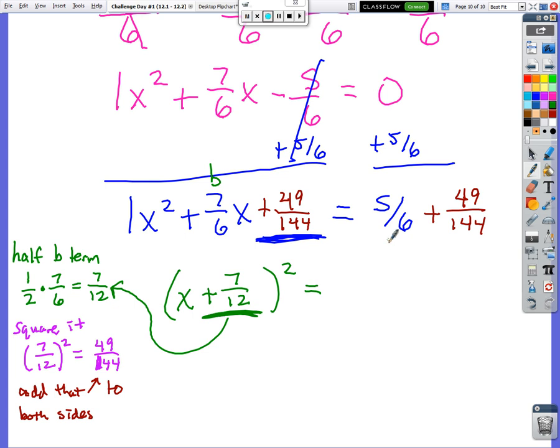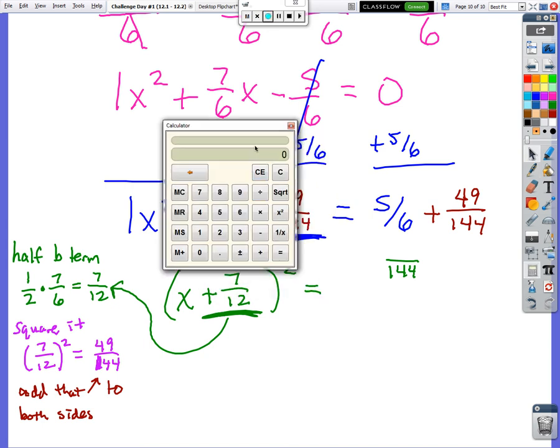Okay, so 5/6. We need sixths to be 144ths. Let me go grab my calculator. How many times does 6 go into 144? 24 times. So if 6 gets multiplied by 24 to get to 144, then I also have to take 5 times 24.